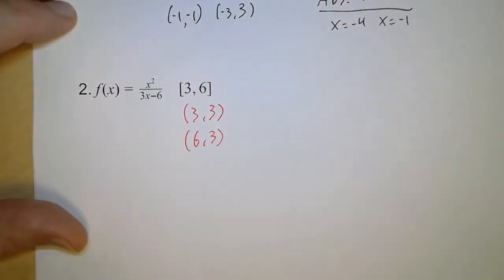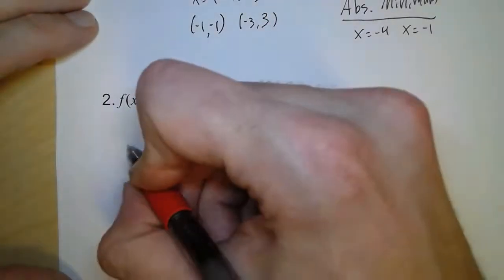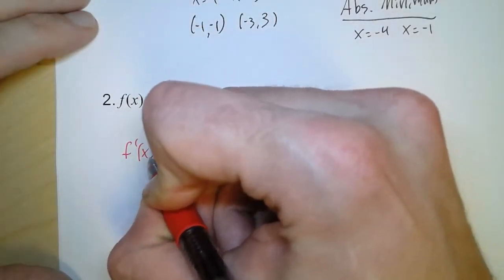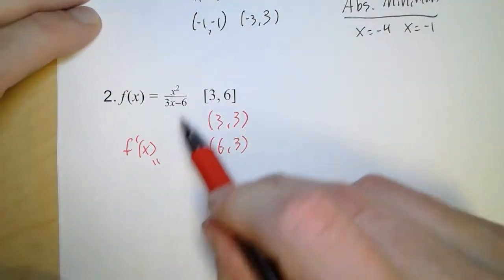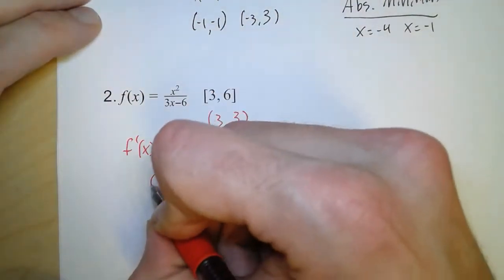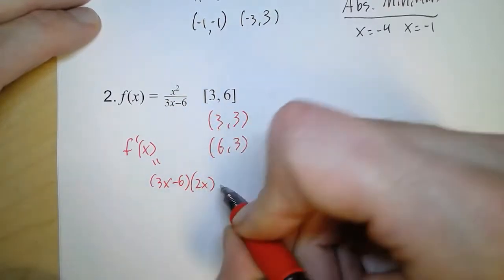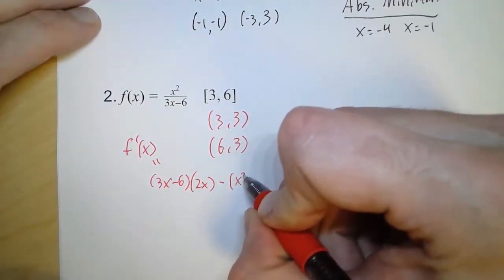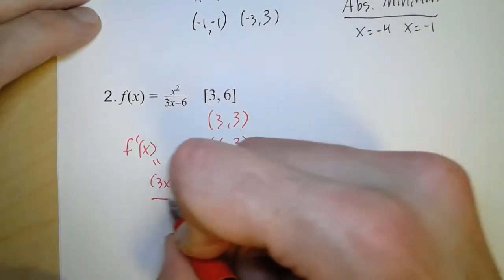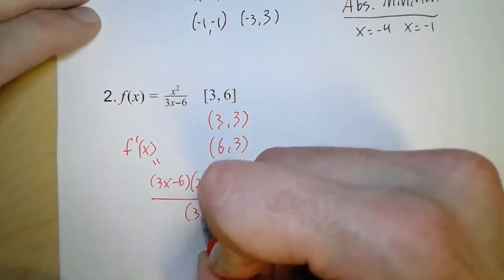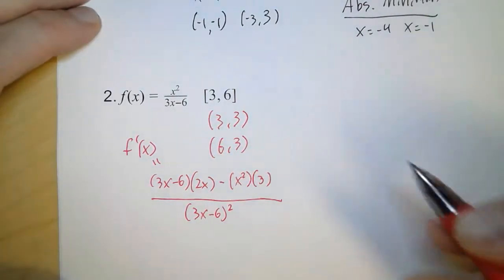Wonder what else might show up. So let's find the derivative. We're going to use the quotient rule: low d high, so 3x minus 6 times 2x, minus high d low, x squared times 3, all over 3x minus 6 squared.